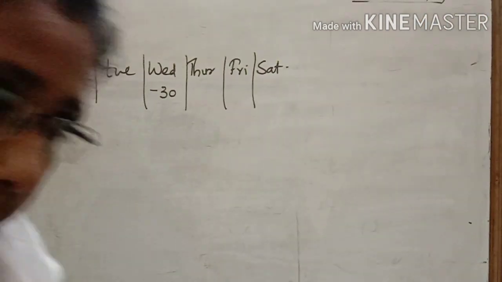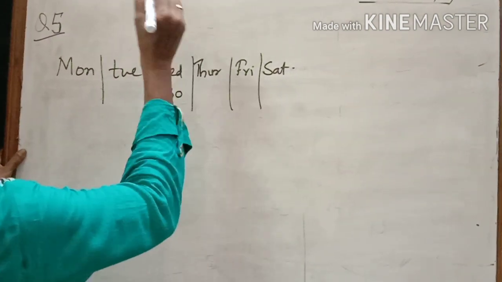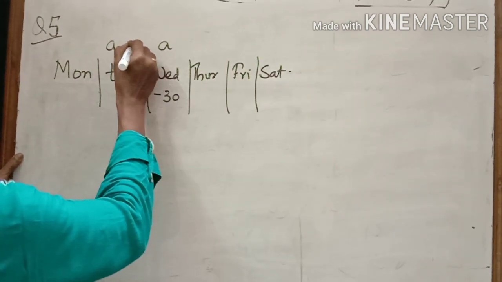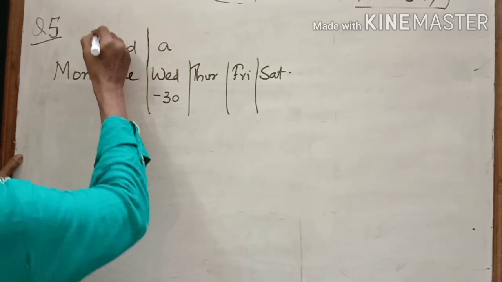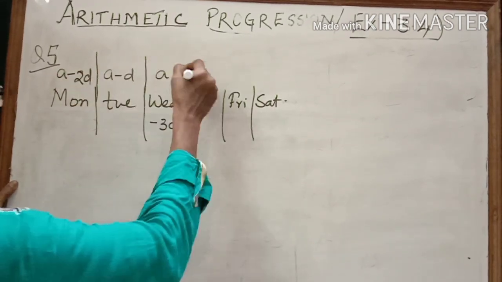Now it is already told that it is in AP. So we will take the temperature of Wednesday as a. This will be a minus d, then this will be a minus 2d.